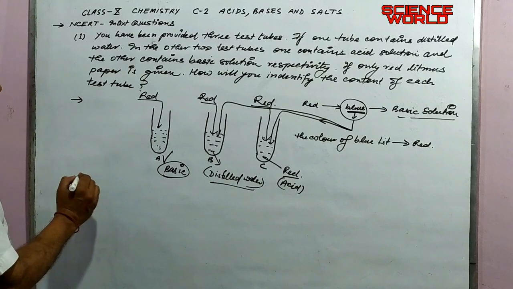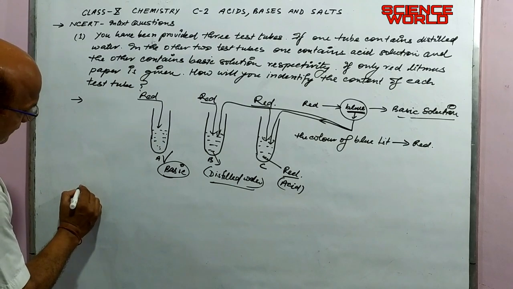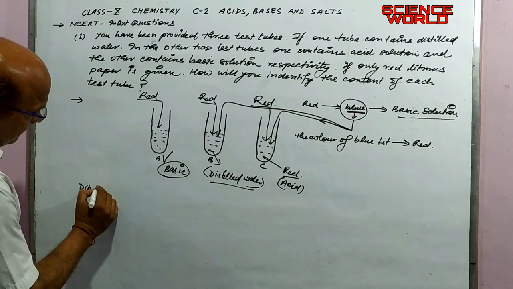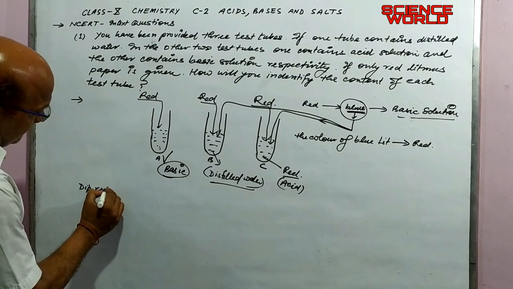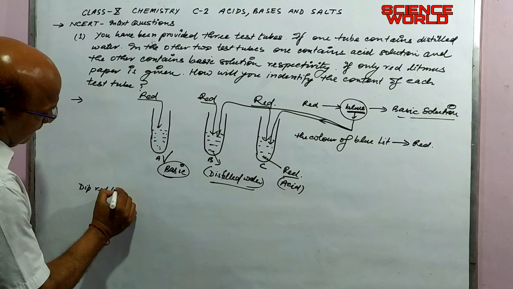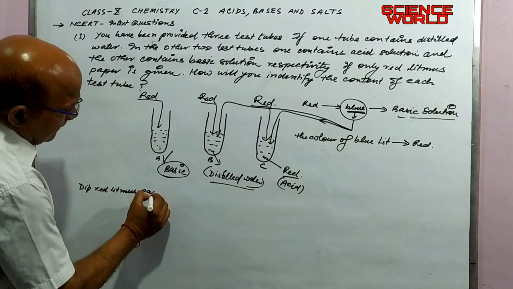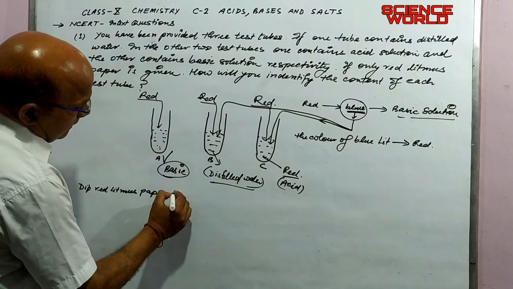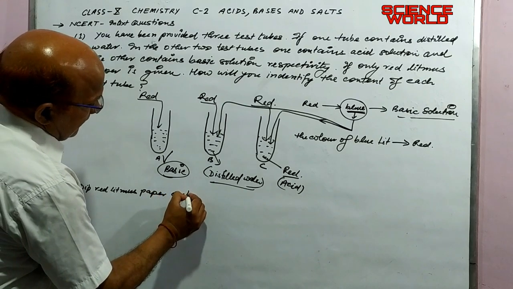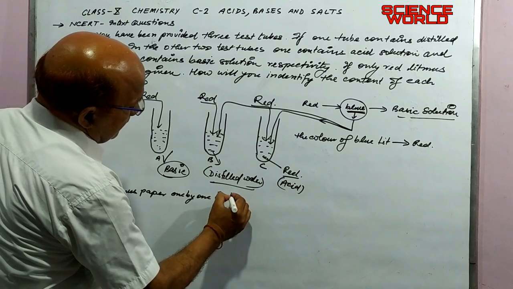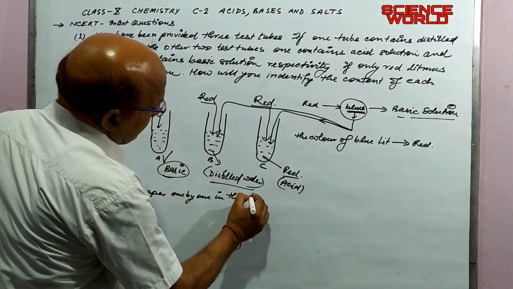You can write like this: dip red litmus paper one by one in the 3 test tubes.